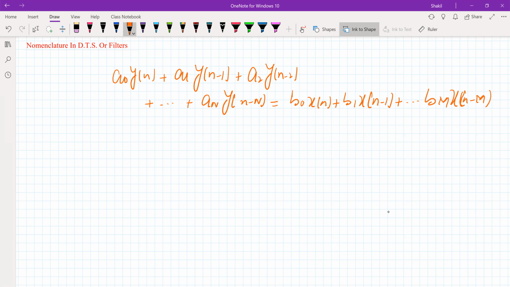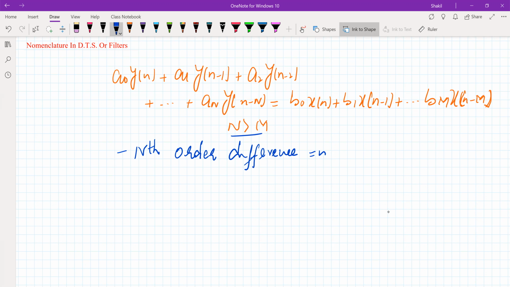And we are assuming that N is greater than M, so we say this is an nth order difference equation. If N is greater than M, this forms an nth order difference equation. If M is greater than N, then this is an Mth order difference equation.